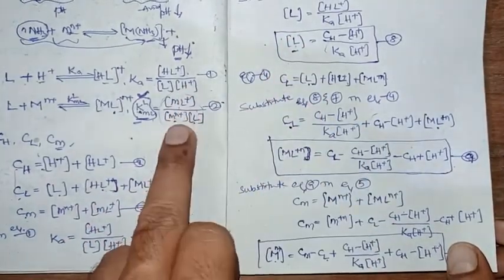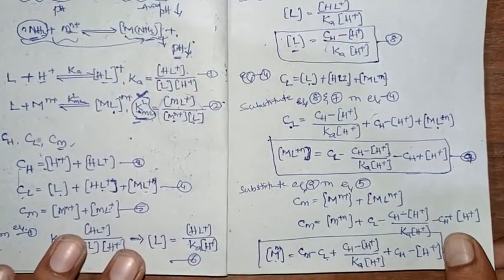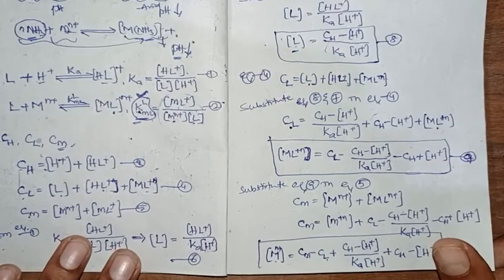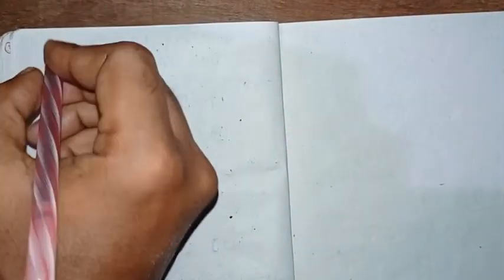Substituting these in equation number 2 will give you the stability constant equation. So now let us go for the next method to derive the stability constant, that is the spectrophotometric method.